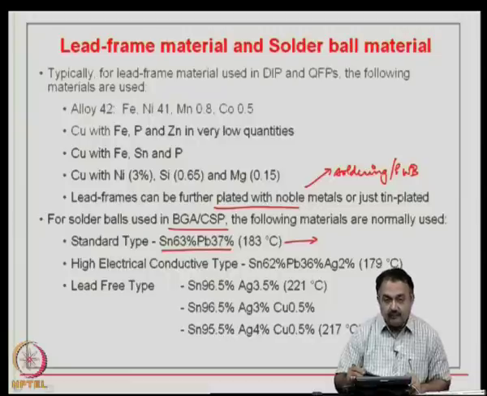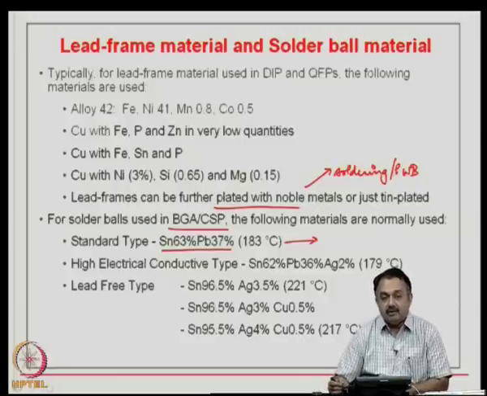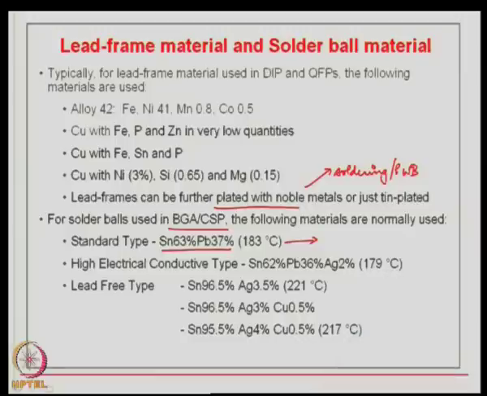But with the introduction of legislation on lead usage, lead free materials are being used. We have to compromise to some extent on the higher temperatures that we will face, with higher energy utilization for assembling these devices onto the substrates. Therefore, a proper choice needs to be made if you are going to work with lead free materials. We will talk more about lead free at a much later stage.